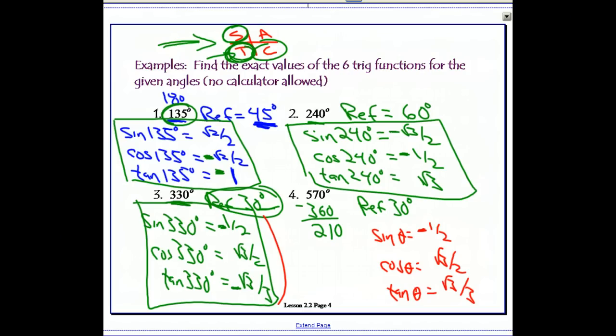Tangent's positive, sine is negative, cosine is negative. Done. So what a great fact to have with these reference angles. You can now find angles in the second quadrant, third quadrant, and fourth quadrant. So, with a little bit of information, you've just kind of quadrupled the angles that you can find. So that completes the video.